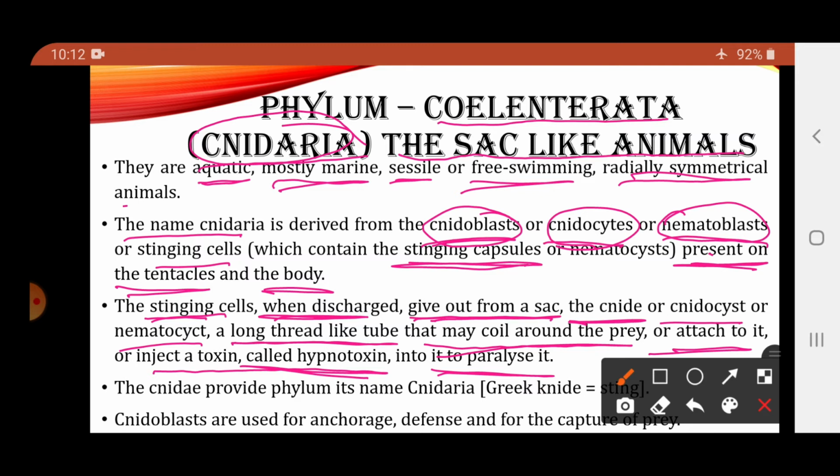The material that comes out of the cnidoblast is called the cnidocyst. This cnidocyst may be in the form of a long thread which coils around the prey, or it may get attached to the prey, or it may inject a toxin called hypnotoxin inside the prey, due to which the prey gets paralyzed.